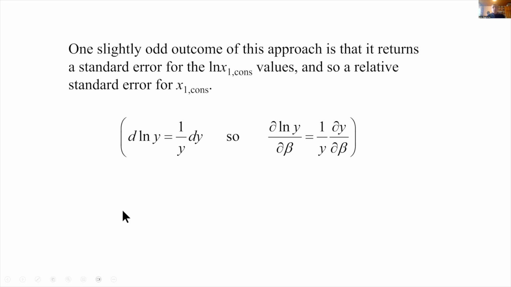One slightly odd outcome, which I think was a mistake, but it was much too late to go back and reanalyze another 160 data sets a third time, is that because we used the log of the concentration, what we got back, of course, was a standard error in the log of the solubility. And that gives you a relative error in the solubility.